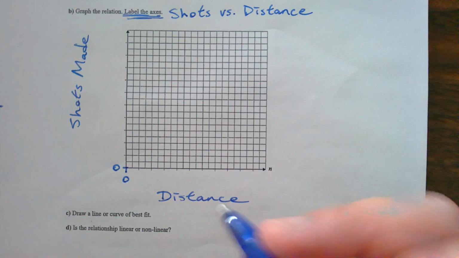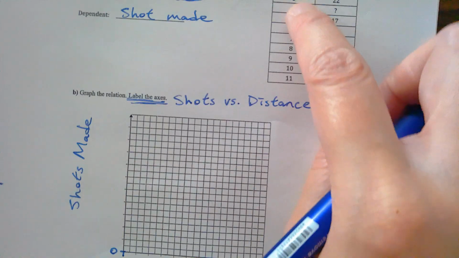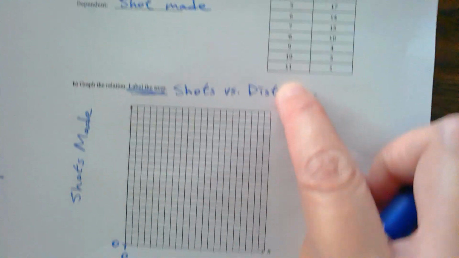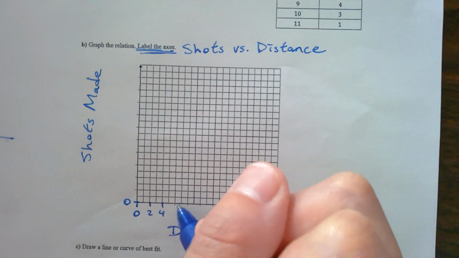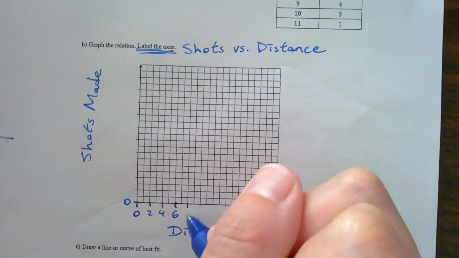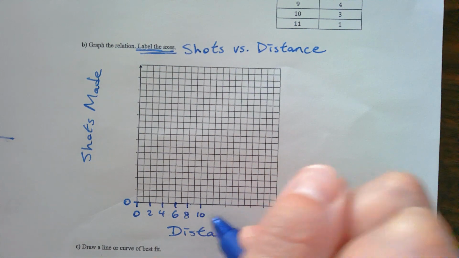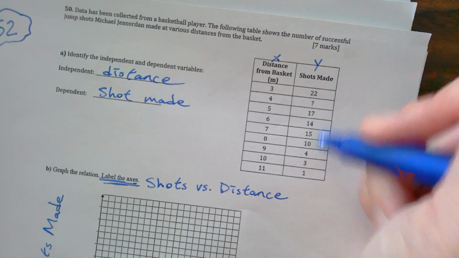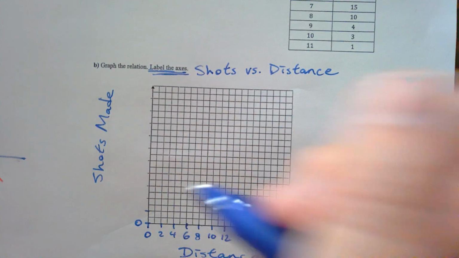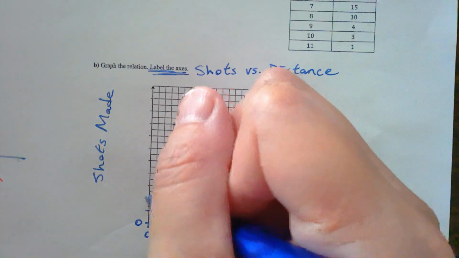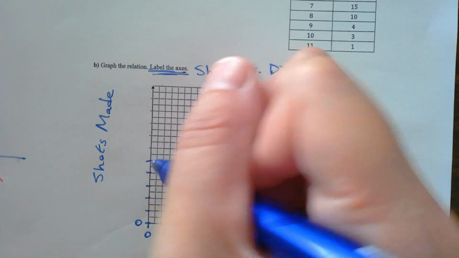Right? And then you can think of your scale. So looking at here, 3 to 11, I think it's good to go by 2s: 2, 4, 6, 8, 10, 12. And then looking at this, I need to go from 1 to 22. So let's see, 2, 4, 6, 8, 10.